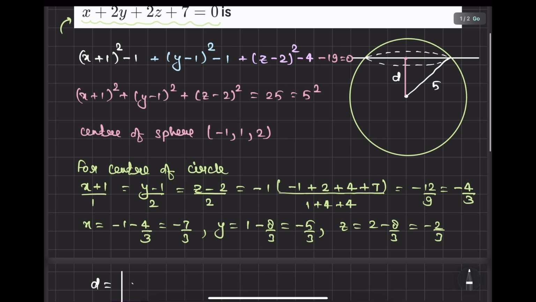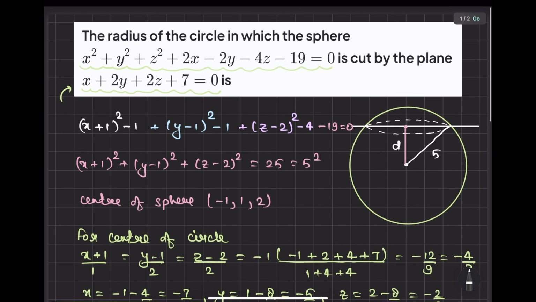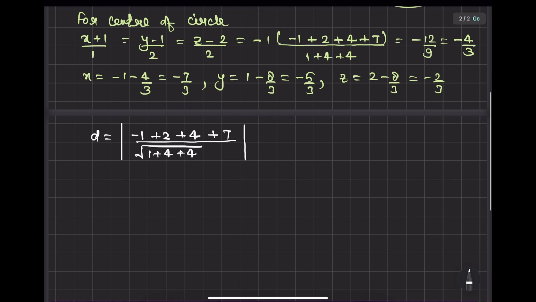So it is minus 1, then 2, then 4, and then 7 upon root under a square plus b square plus c square. So we got this as 12 and this as 3. So we got the distance as 4.